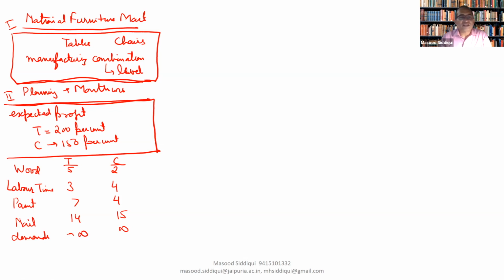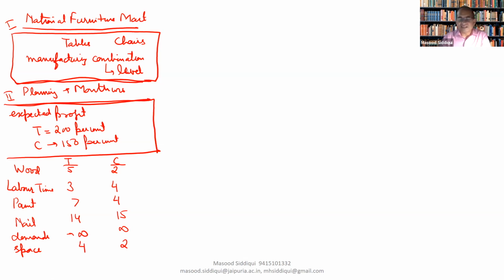Then we move to the space part. It is given in the case that tables require 4 units of space and chairs require 2 units of space. Right? Then we move to the government condition, which is related to the budding entrepreneur scheme by the Department of Small Enterprises.